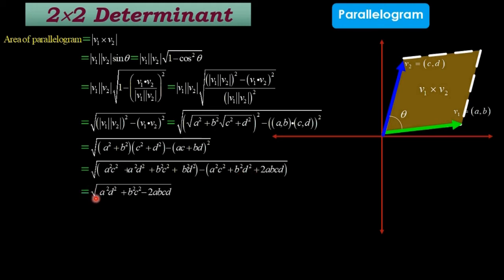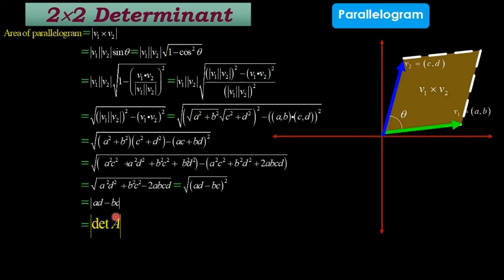So we have square root of a square d square plus b square c square minus 2abcd, which is a square of (ad minus bc). So therefore, square root of (ad minus bc) whole square, which is modulus of ad minus bc.